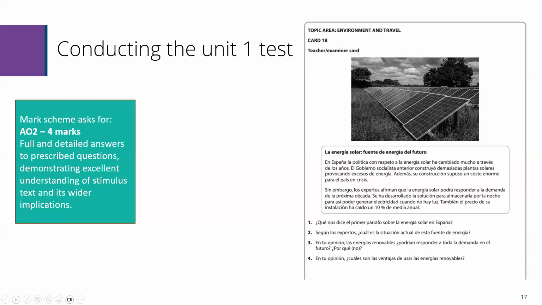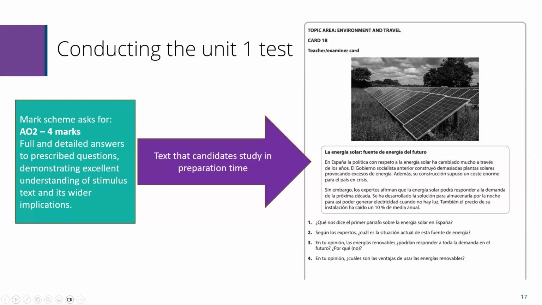Okay, and so the text is there that candidates study in the preparation time. This is the teacher examiner card that you will have. And those are the 4 questions that you need to ask as a teacher examiner.